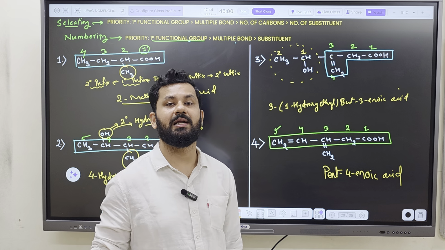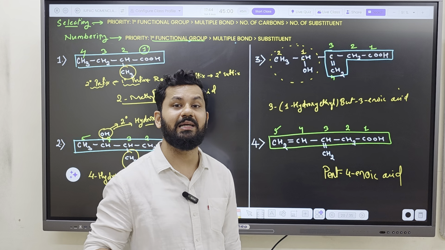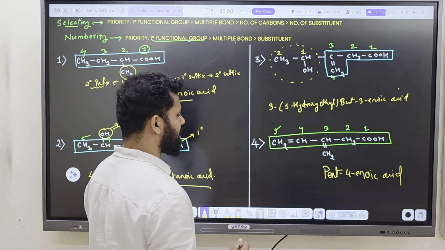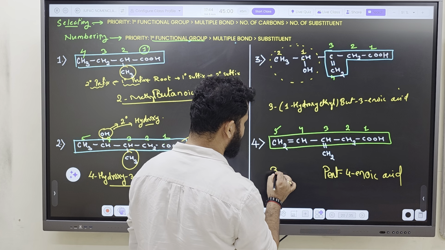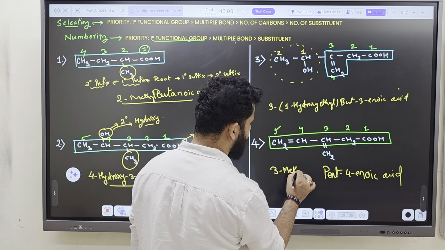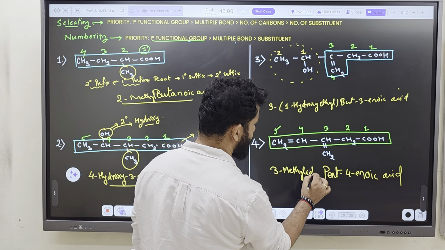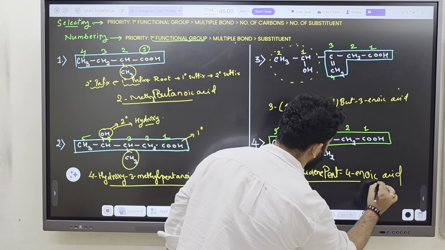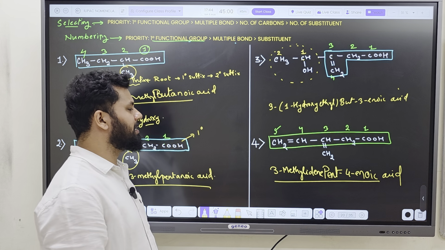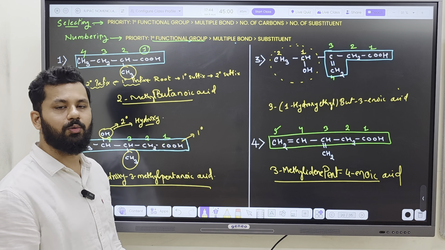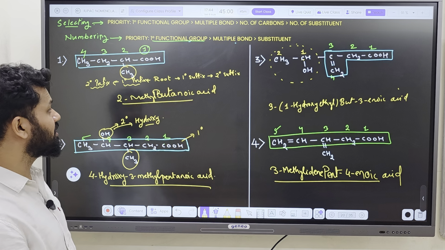If an ethyl group is connected through a double bond, we call it ethylidene. So at the third position we have methylidene. So 3-methylidenepent-4-enoic acid. I hope this is clear to you.